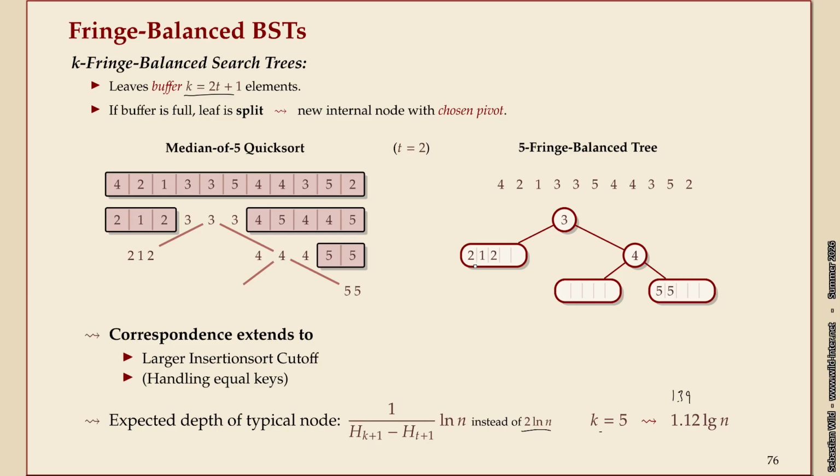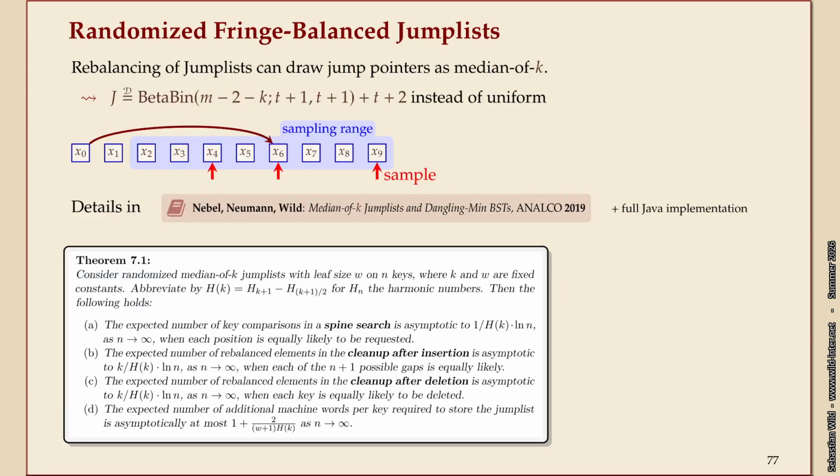Fine, so this is our alternative random BST model. Instead of random BSTs that just do unbalanced insertions, I'm slightly balancing things by collecting buffers in the leaves. But again, this is our hypothetical model that we would need to rely on randomness in the inputs to achieve. But the thing is, you can simulate this in jump lists in roughly the same way as we've done for the previous uniform case.